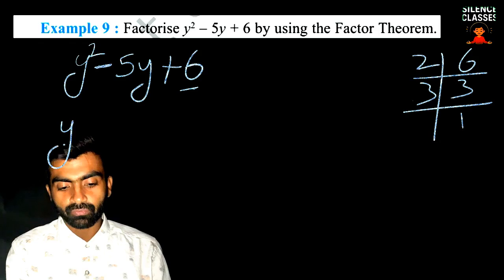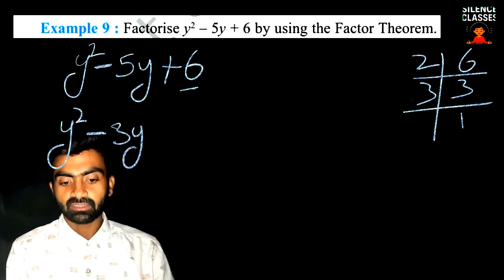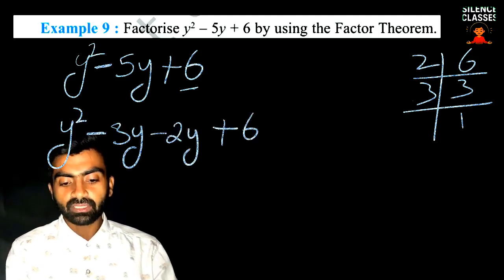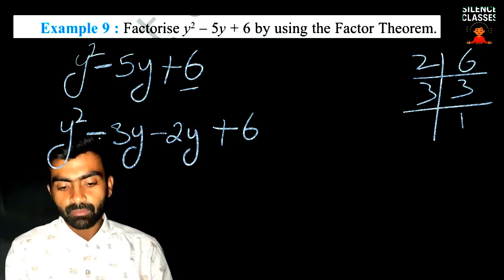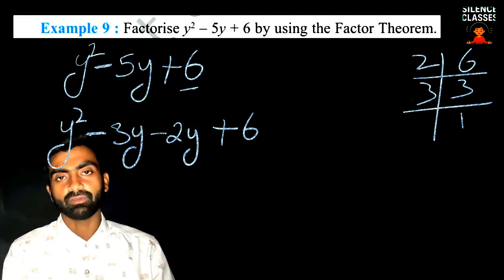So we can write y² − 3y − 2y + 6. Minus times minus becomes plus. 3 plus 2 becomes 5, and the minus sign goes with both, and 3 twos are 6, so we get 6 only.